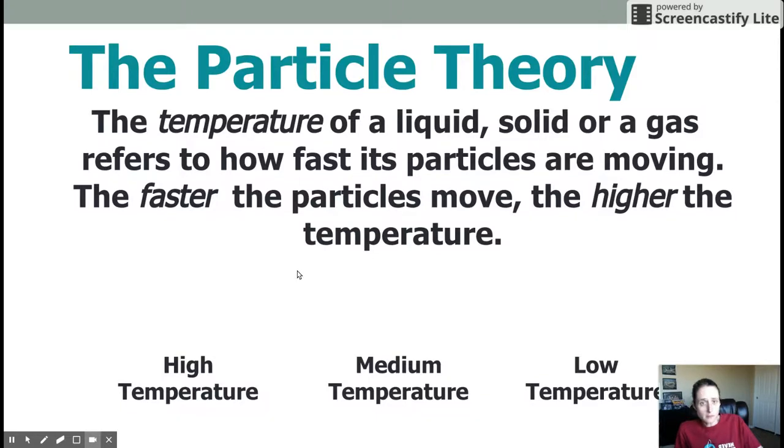Now, particle theory says that the temperature of a liquid, solid, or a gas refers to how fast its particles are moving. The faster the particles move, the higher the temperature. And this is going to make sense to you if you think of water. When water is really, really cold, has a really low temperature, it's a solid, okay?